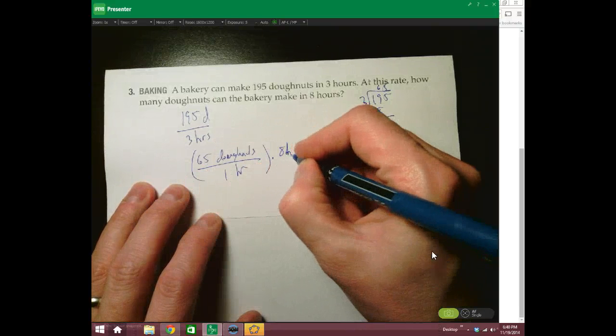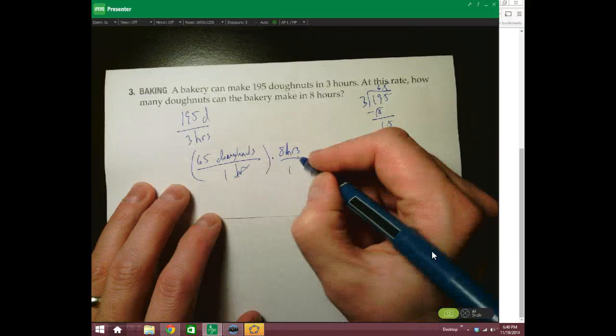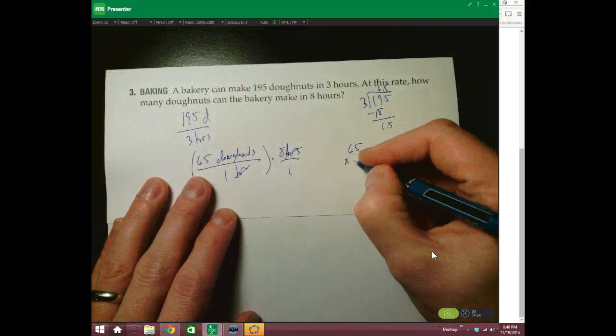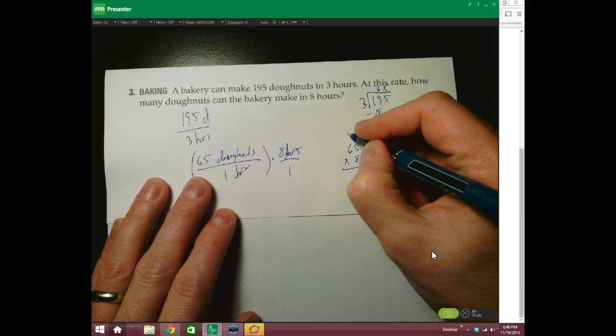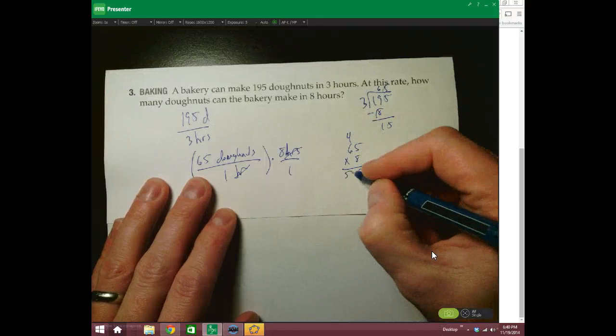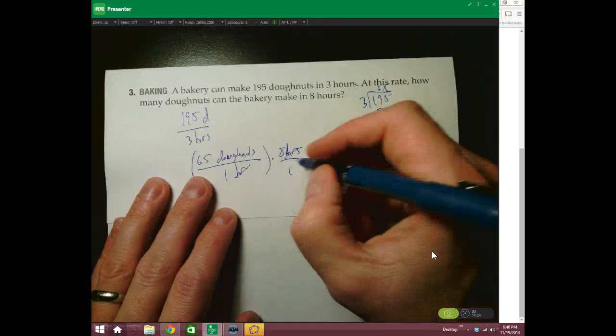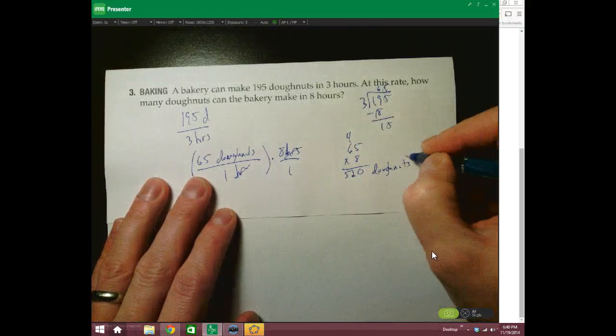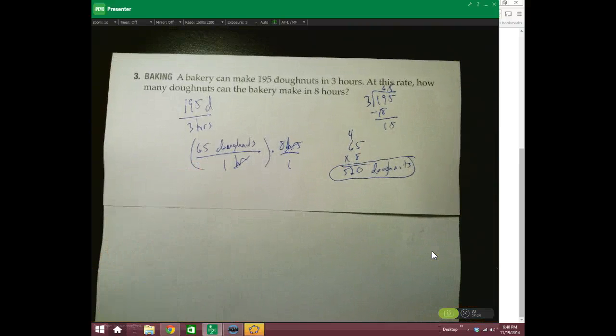Multiplied by 8 hours, and what ends up happening is our units cancel. So I really just have to do 65 times 8. So 0, 4, 48, 52. So 520 donuts. So we make 520 donuts in 8 hours.